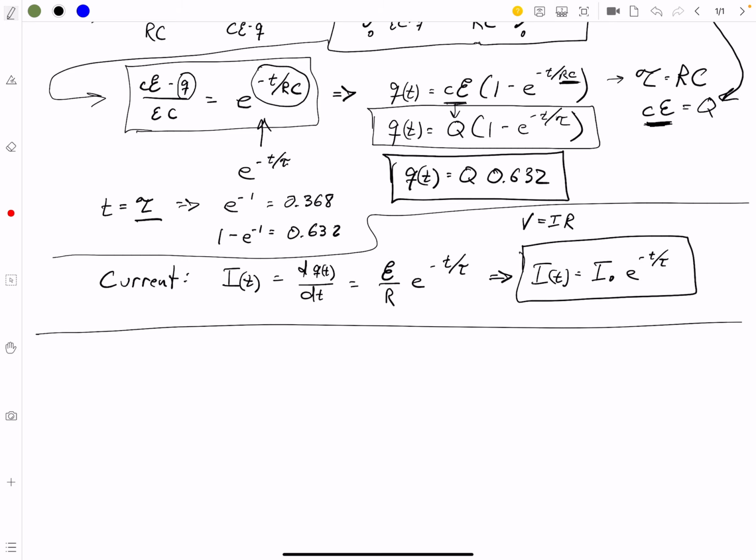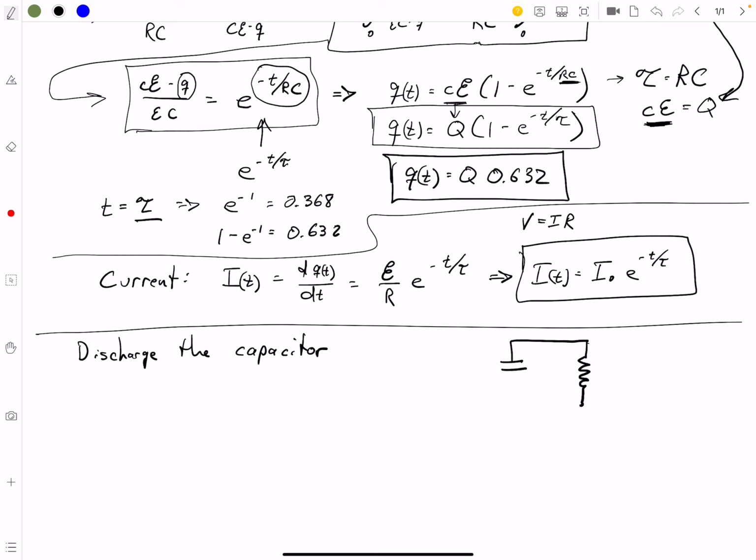Now, this was all charging, okay? So that was charging the capacitor. Now we're going to discharge the capacitor. So discharging the capacitor, what do we have? We've got essentially a capacitor, let's just draw it out, and a resistor.